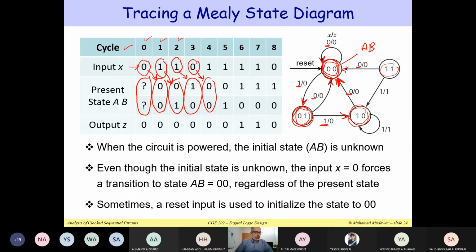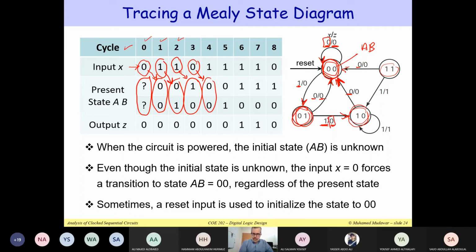Now, what about the output? Initially, the output is 0, regardless of the state, because if you are in state 0, 0, or 0, 1, or 1, 0, or 1, 1, and the input x is equal to 0, this is the output here. The output is z. Notice that the output z here is 0. The output here is 0, the output here is 0.